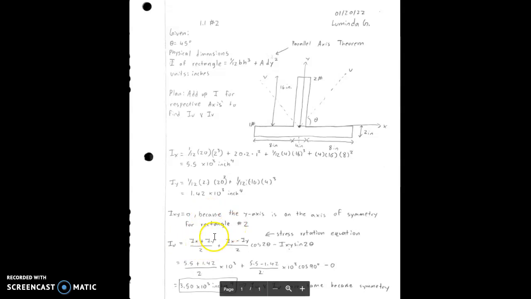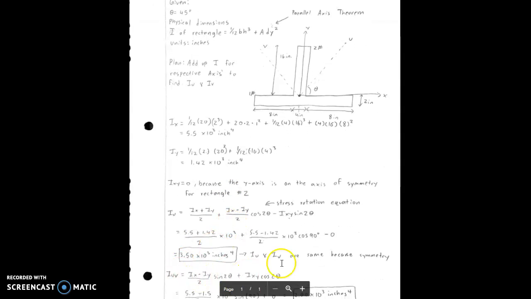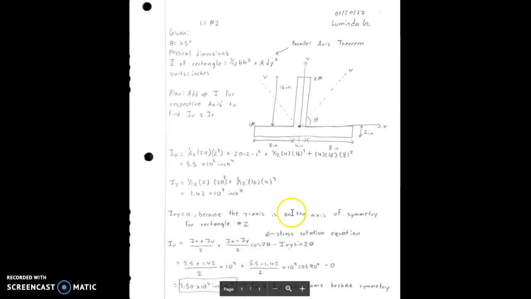And then they want us to find, so a little fast forward, the moment of inertia along the axis u or v. You would use a formula that's like a stress rotation equation that you can look up, or I basically just memorized it. It's a couple equations actually. It's this one, and then there's another one as well, and then I think there's one or two more.